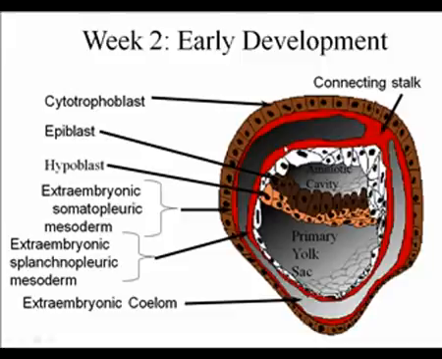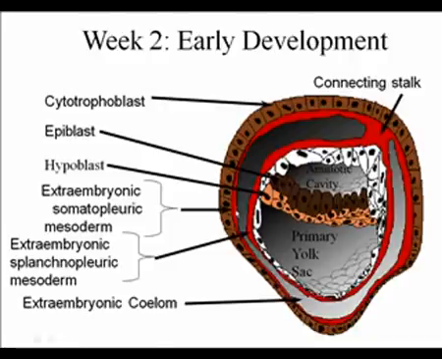A little bit later in development, those lacunae will begin to coalesce and form a coelom called the extraembryonic coelom. So now we will have an embryo suspended by a connecting stalk, lying within this extraembryonic coelom. The extraembryonic coelom is going to become the chorionic cavity.